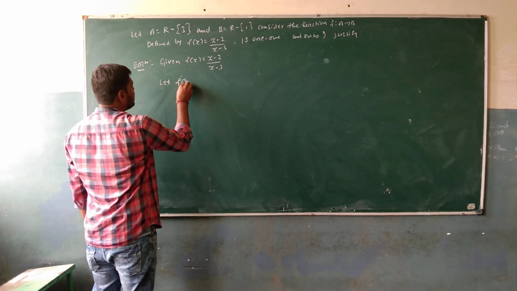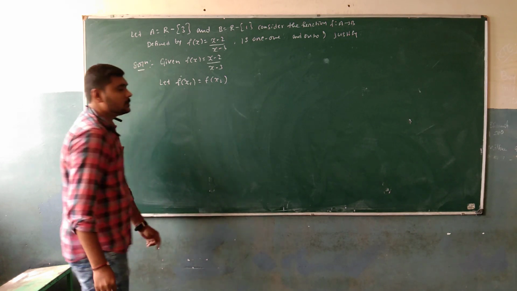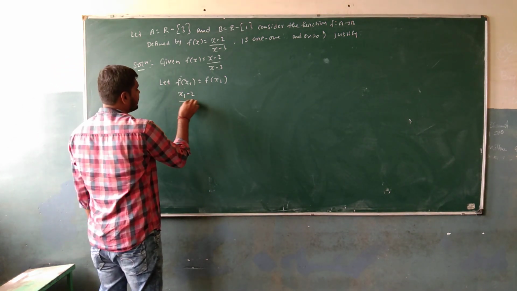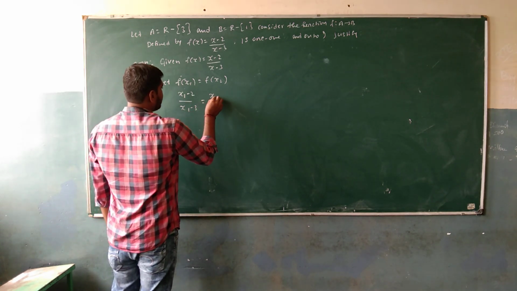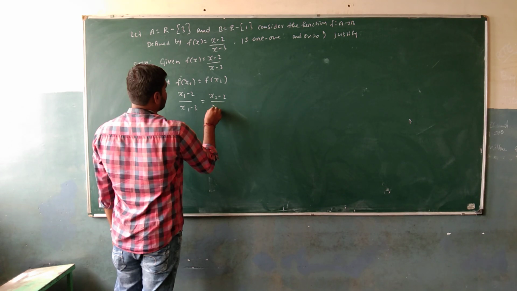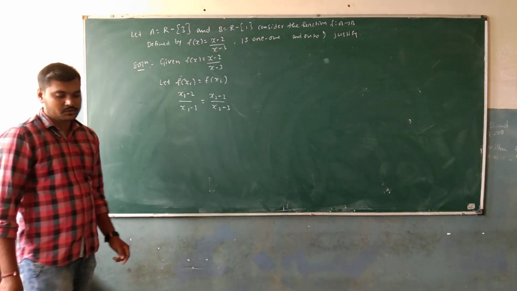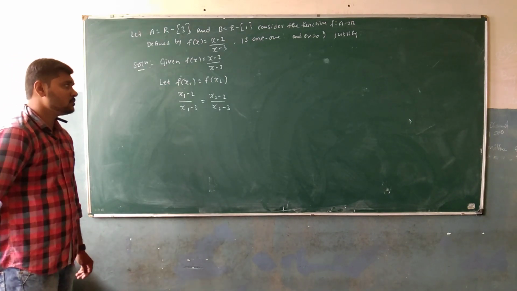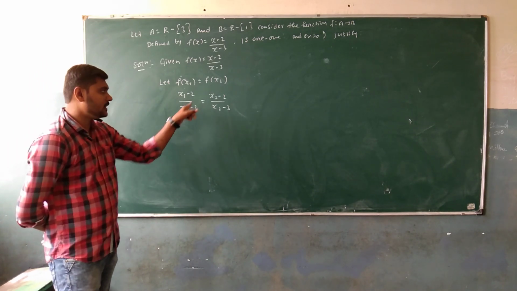f of x1 is equal to f of x2. Then it's going to be (x1 minus 2) divided by (x1 minus 3) is equal to (x2 minus 2) divided by (x2 minus 3). Now I am going to cross multiply here.